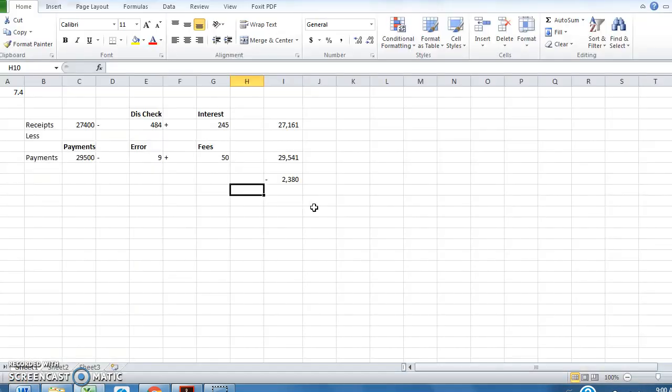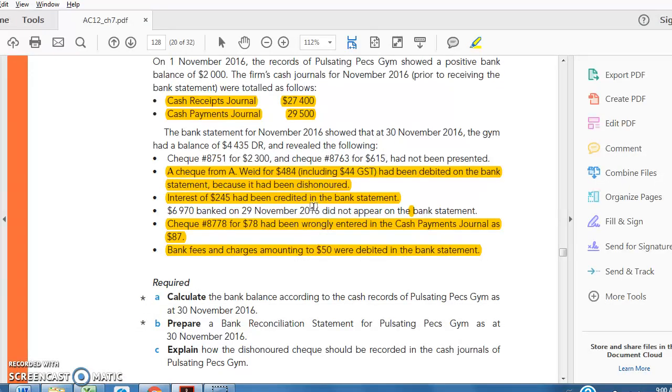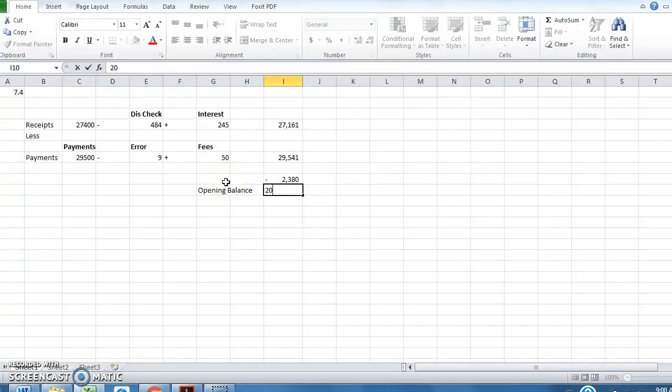So we need to also include our opening balance. So don't stop at the negative 2,380, we also need to include our balance of 2K. So when going through, it's probably quite handy to just highlight so you know each step and what to include or what you are yet to include.